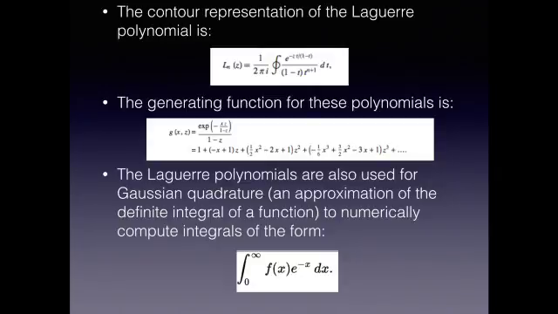And the Laguerre polynomials can also be used to numerically compute the integrals of the common form integral from 0 to infinity f of x e power minus x dx. With this, we come to the end of Laguerre polynomials.